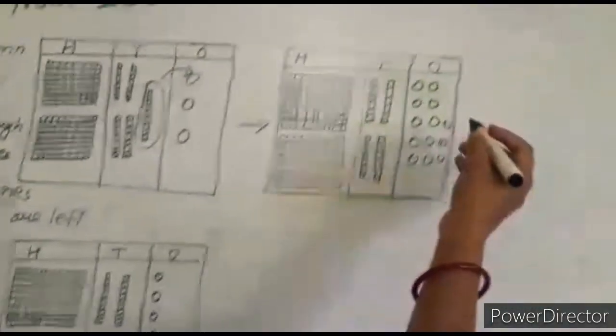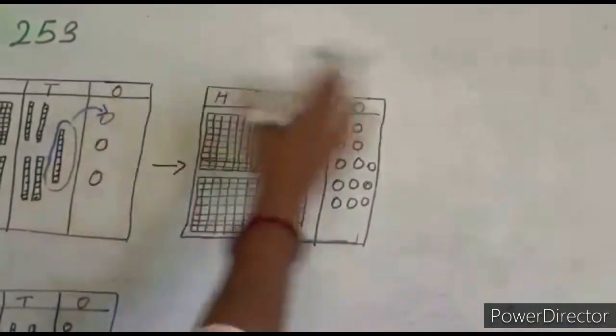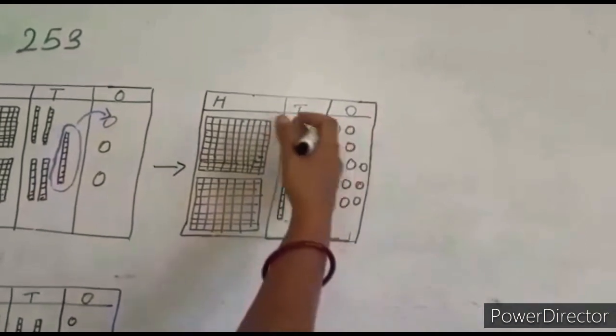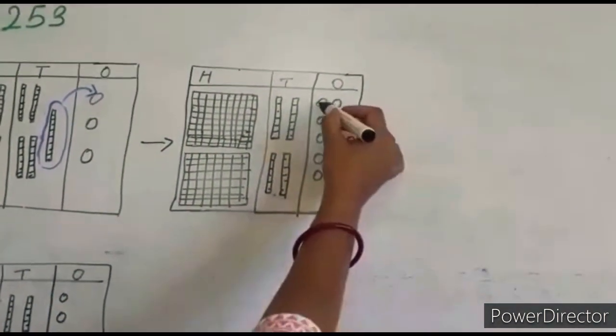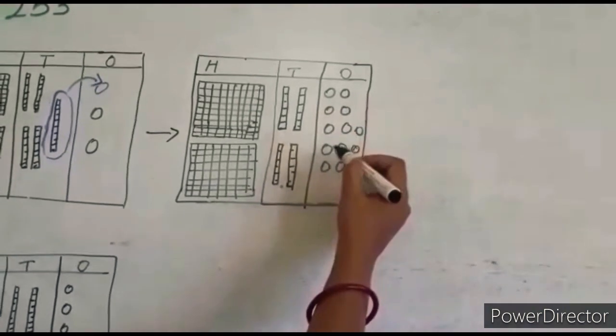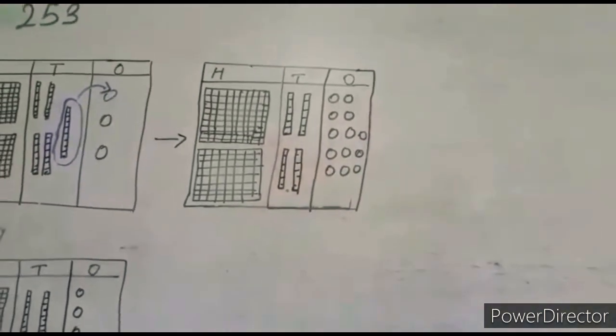As we have in the ones place, after transferring 1 ten from the tens column, now in the ones column 1 2 3 4 5 6 7 8 9 10 11 12 13, 13 ones are there.